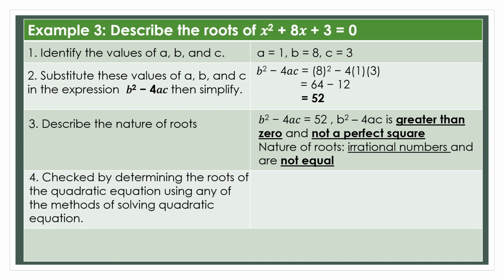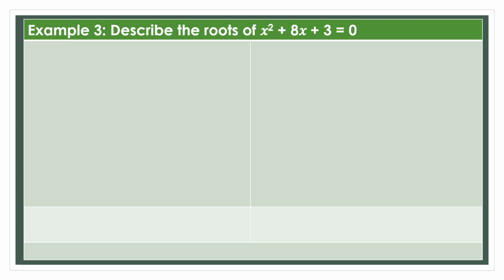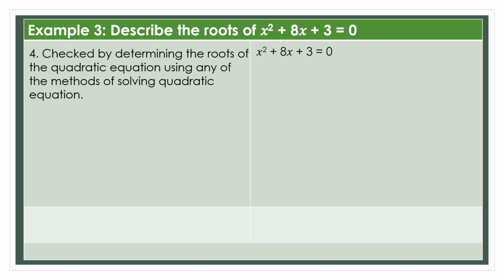For the fourth step, check by determining the roots of the quadratic equation using any of the methods of solving quadratic equations. In this case, I will be using the quadratic formula. We have x squared plus 8x plus 3 is equal to 0.